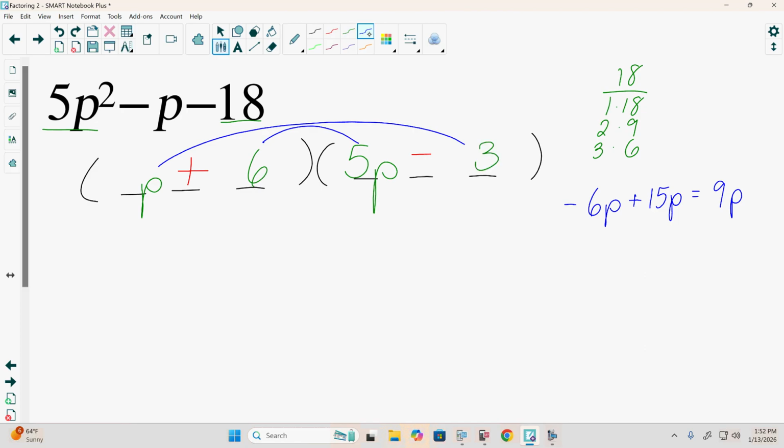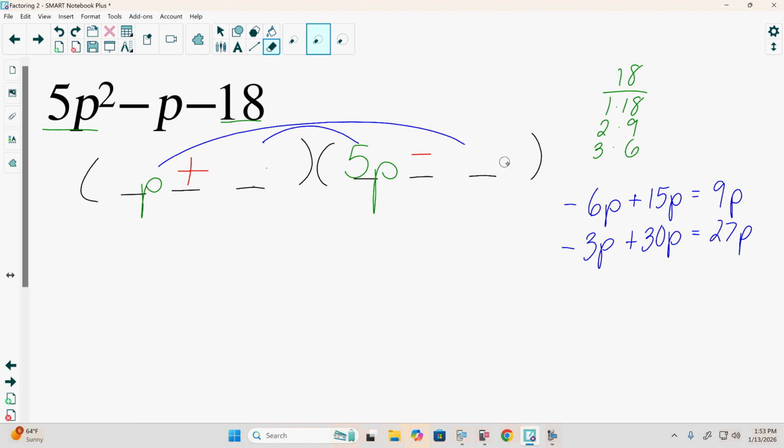Now p times negative 3 would be negative 3p. 6 times 5p, positive 6 times positive 5p, would be positive 30p. So we have negative 3p plus 30p, giving us 27p. 2 and 9. Where do you want to put the 9? Where do you want to put the 2?